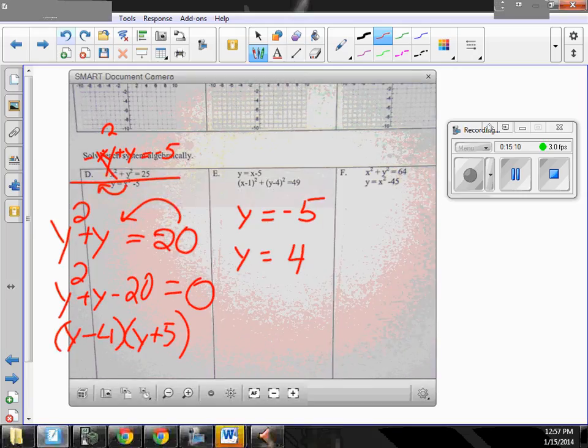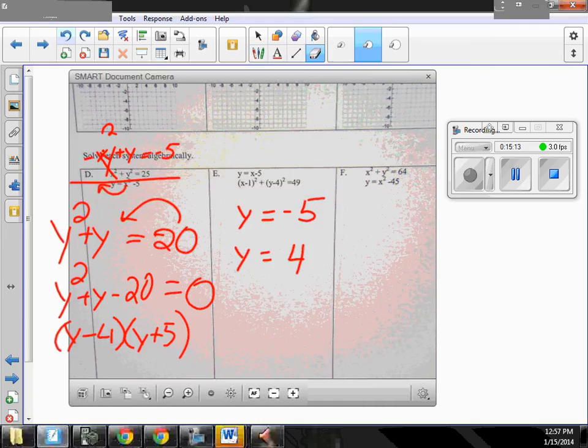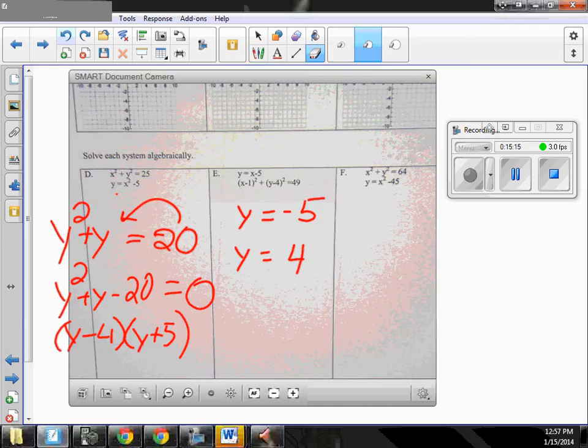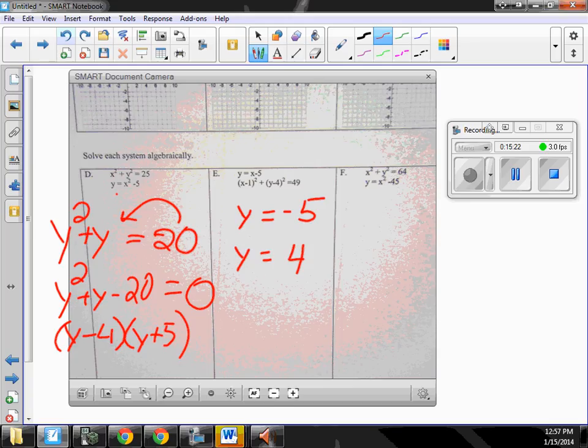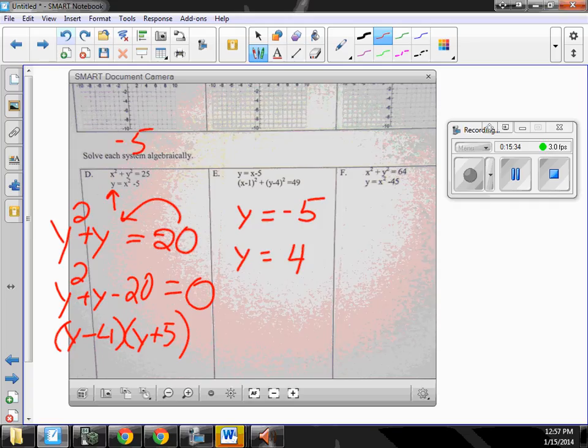So, well, I know the y values. How do I find the x values? What's that? One of them will be. How do we find those? Plug the y's in. Do we have a preference on equations? The bottom one is a lot easier. So let's plug in -5 for the y right here. So -5 equals x squared minus 5. Oh, that's easy.